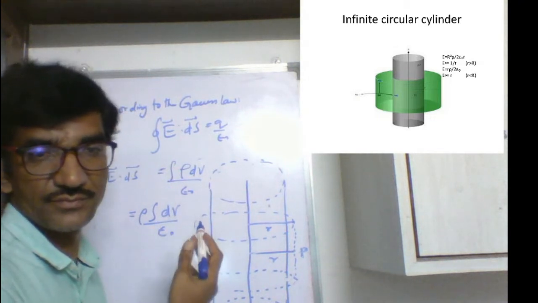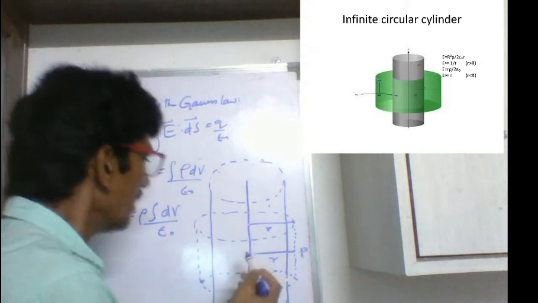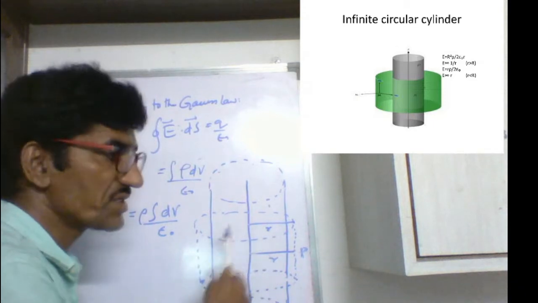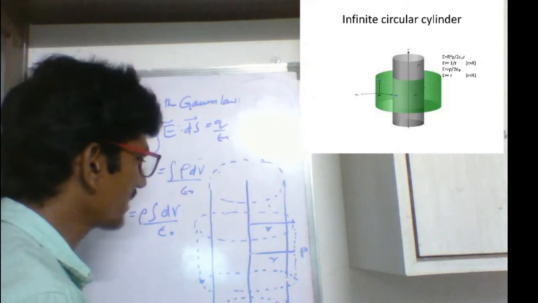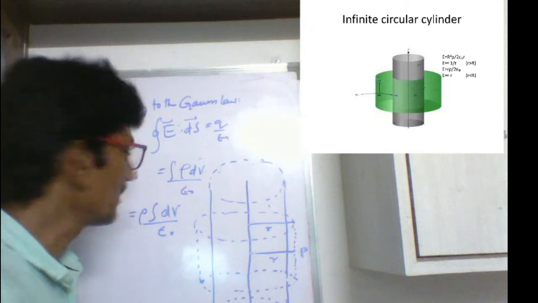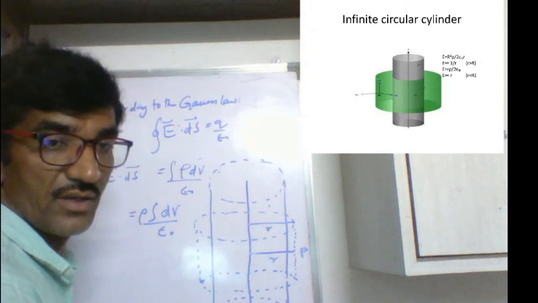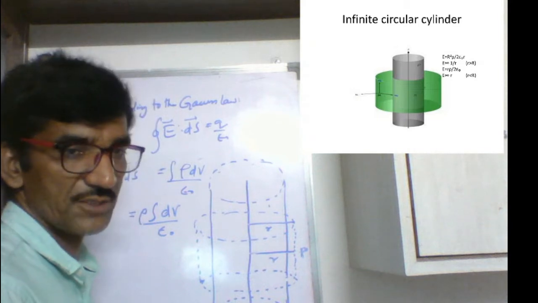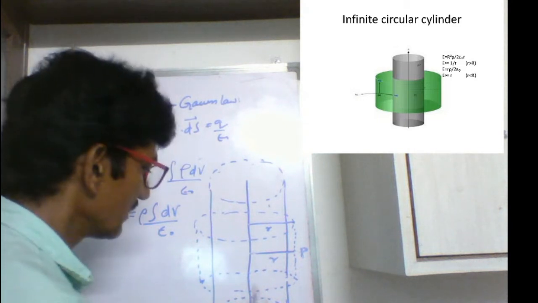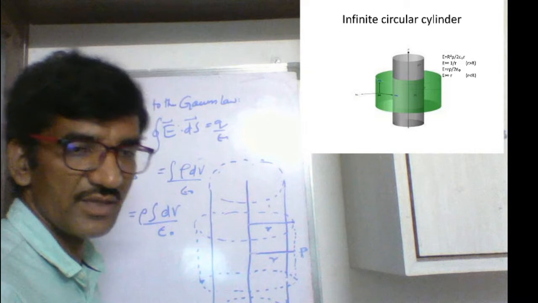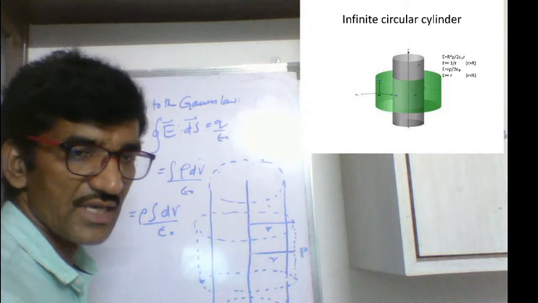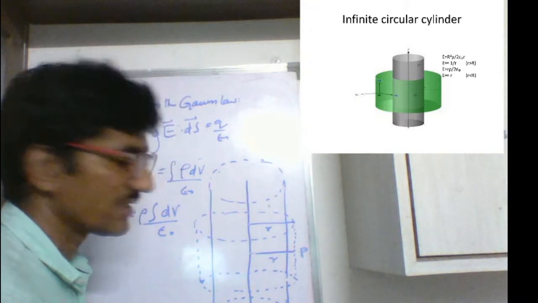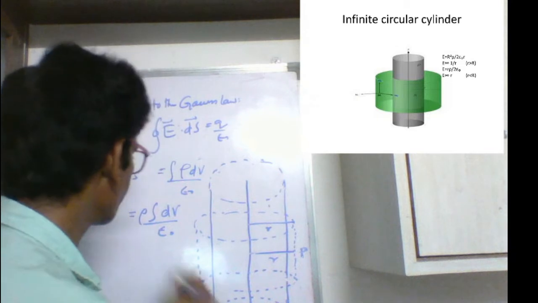of this original cylinder lying inside the Gaussian surface. So what is the radius of the original cylinder? R. Now what will be the volume of the original cylinder lying inside the imaginary cylinder?